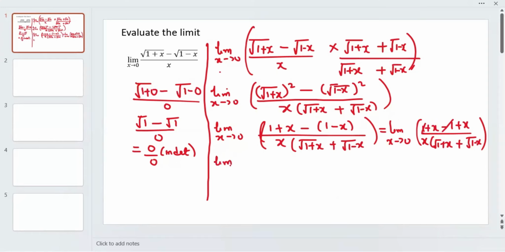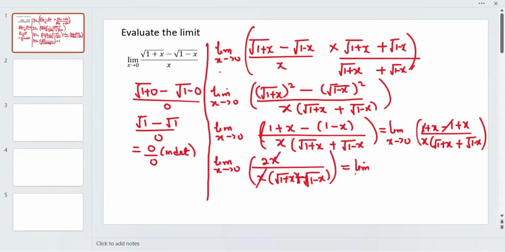So I have the limit as x tends to 0 of 2x over x into square root of 1 plus x plus square root of 1 minus x. So this x cancels this x, and I'm left with the limit as x tends to 0 of 2 over square root of 1 plus x plus square root of 1 minus x.